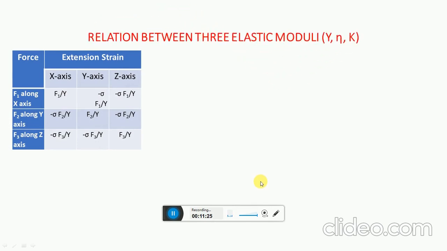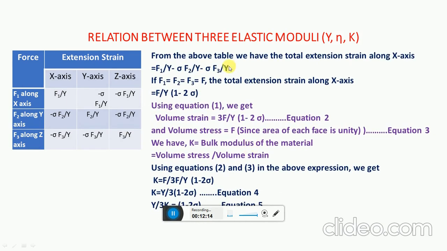This table shows what happens along the x, y, and z directions when we apply F1 along the x-axis. Similarly, it shows what happens along each axis when we apply F2 along the y-axis, and F3 along the z-axis. Here the negative sign indicates contraction and the positive sign indicates extension.